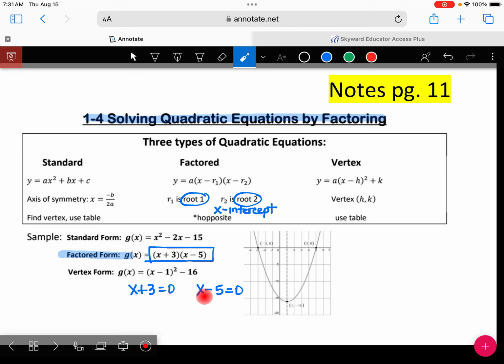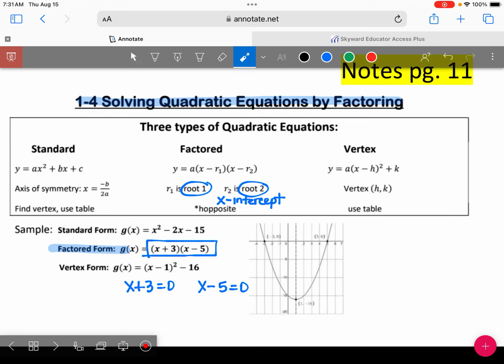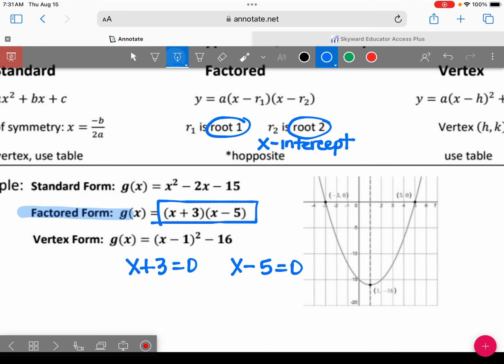Go ahead and solve both of these factors for x. So I took my first factor, which is x plus 3, set that equal to 0. And my second factor, x minus 5, set that equal to 0. And when I solve it, what would I get? x equals -3 and x equals +5.